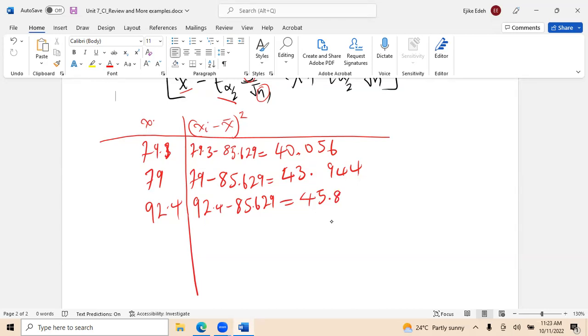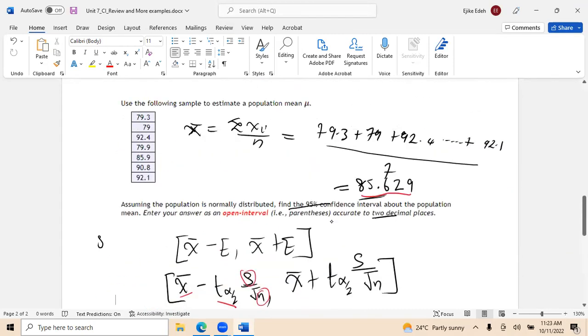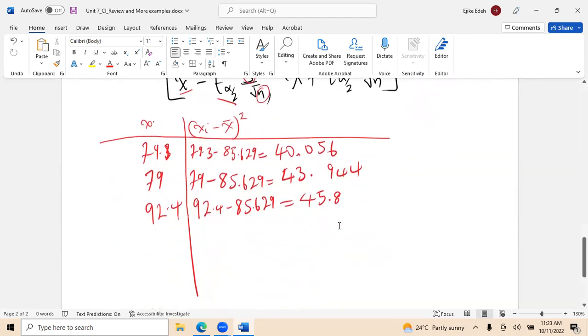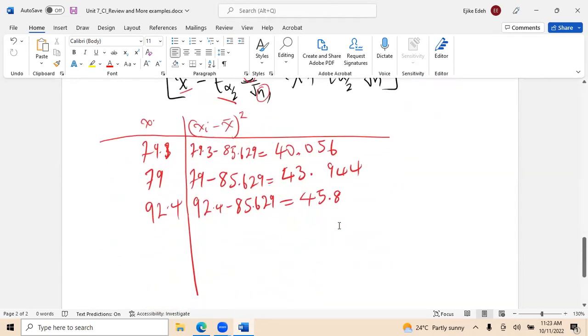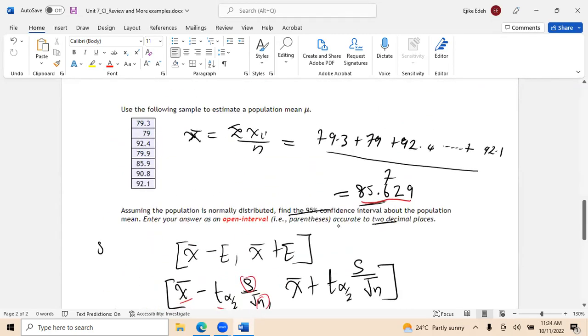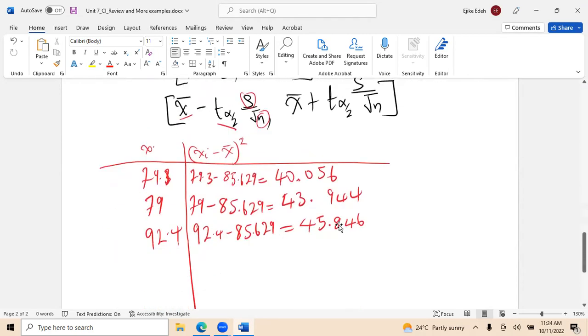I got a different thing here. Let's try it again. 92.4 minus 85.629. It's 45.846. Okay, so that agrees now. So 45.846.